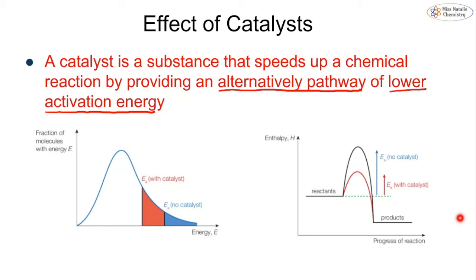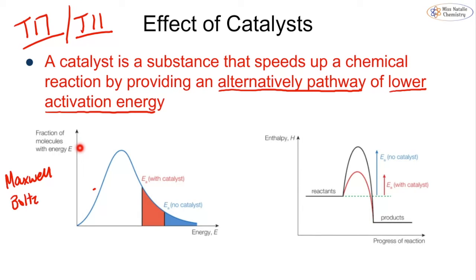And you'll learn more about catalysts in topic 17, where it tells you about how catalysts actually work, and you will also learn about it in topic 11. What actually happens is we can explain the effect of a catalyst again using a Maxwell-Boltzmann distribution curve.